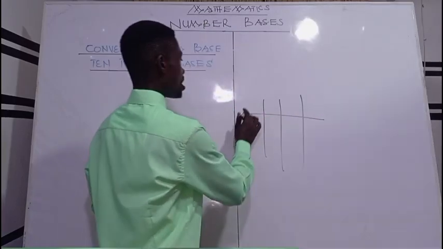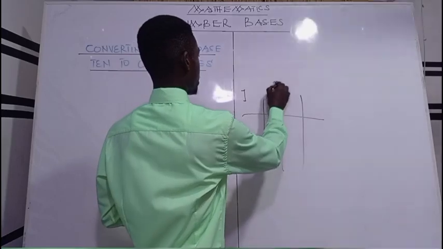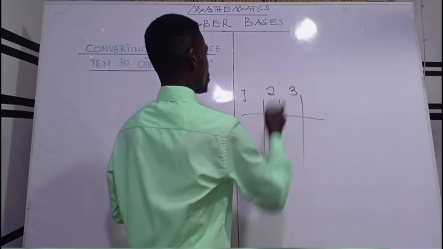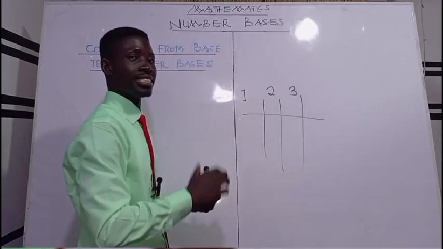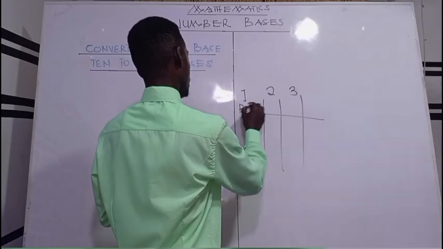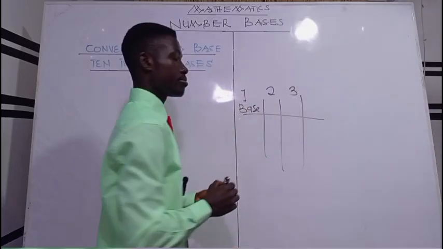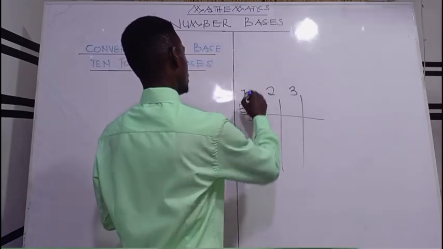So we have the first column, the second column, and then the third column. The first column is going to represent the base that we are converting to, and the base is going to be our divisor.